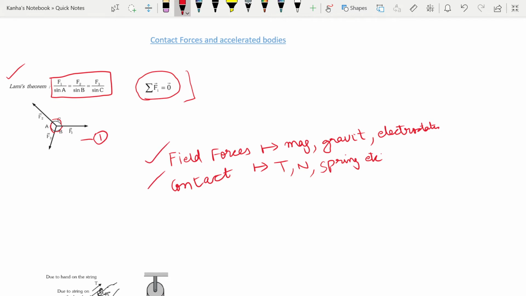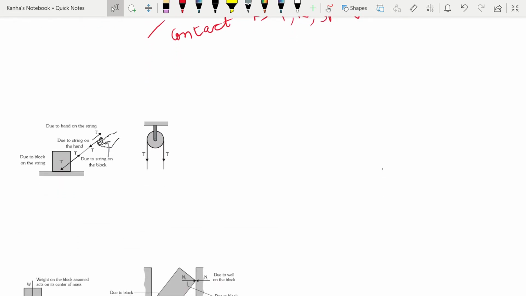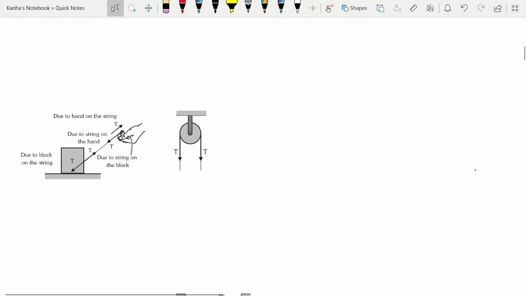And let's just discuss some of these contact forces which you will be seeing a lot in your course. So the first one is tension. Whenever a string comes into the picture, the tension force is there throughout the string. Now if the string is inextensible and massless, then the tension throughout the string is the same. That is why I've shown that on both sides, the tension is the same.